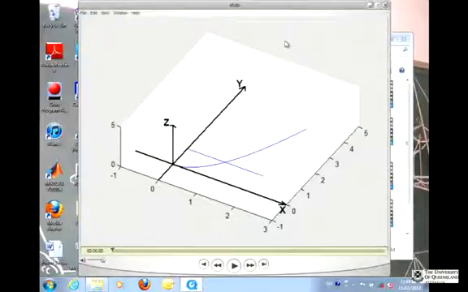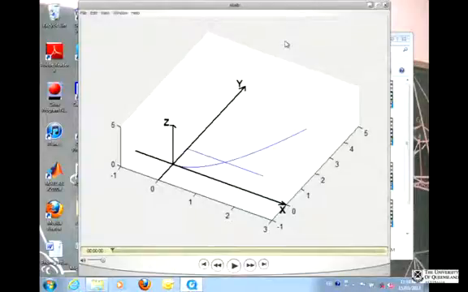We'll consider the volume above the region in the xy plane bounded by these three curves. One is x equals 0, which is just the y-axis. You can see in the diagram I've got the axes labelled. We've also got the parabola, y equals x squared, the blue curve, and the line y equals 1.